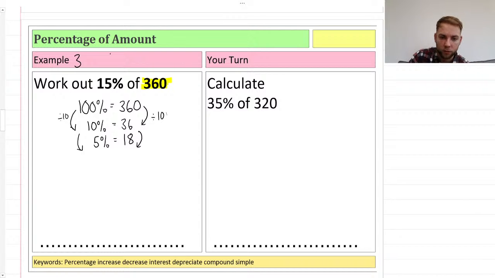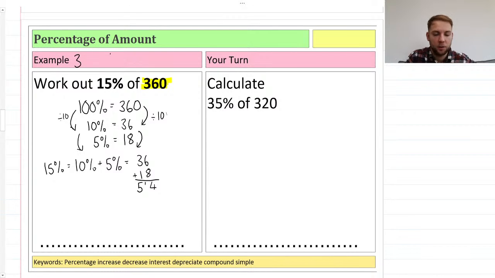And then if I want 15%, 15% is equal to the 10% plus the 5%, which is 36 plus 18. So 6 plus 8 is equal to 14, carry the 1. 3, 1 and 1 is equal to 54. Brilliant. Have a little go at that one on the right hand side.